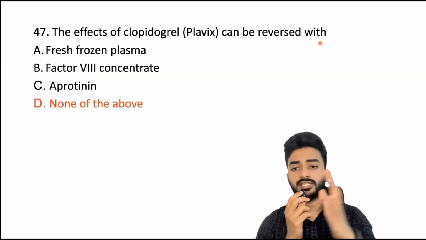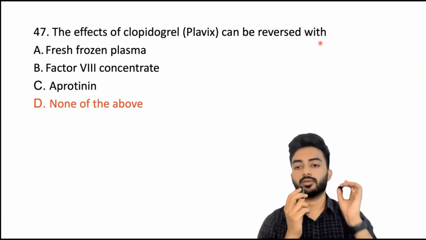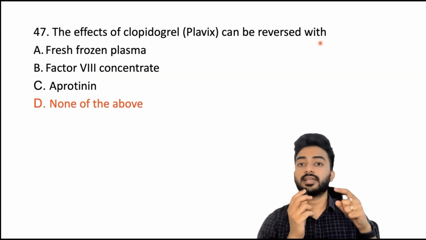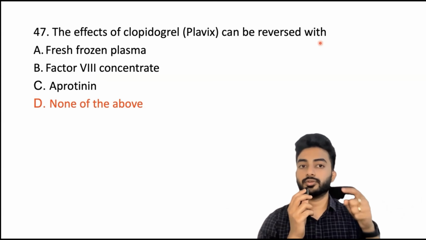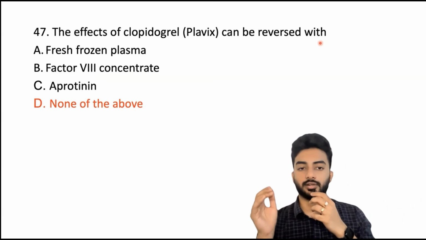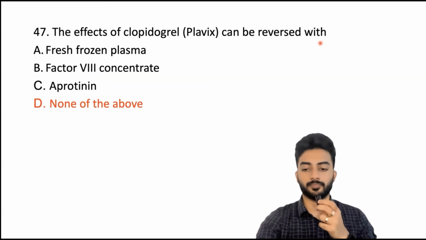So when I am doing this revision, if the question is having except, all of the above, none of the above, then I will read that question twice, because that can be a trap for us. None of the above, all of the above, these things can also be an answer. So that is a trap. Beware of that.